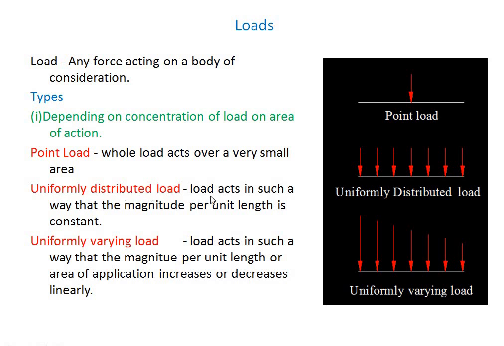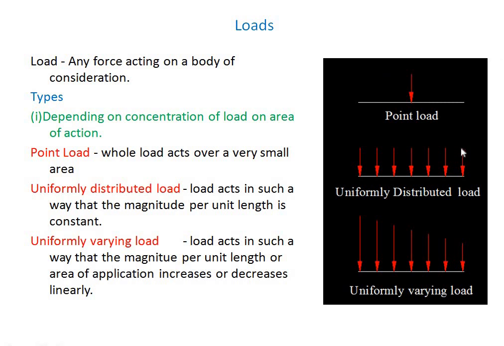And uniformly distributed load: this load acts in such a way that the magnitude per unit length is constant. Assume this is the length of action of the load. Over this length the load is acting, and the load acts uniformly. Assume I'm giving a magnitude of 10 kilonewton per meter.